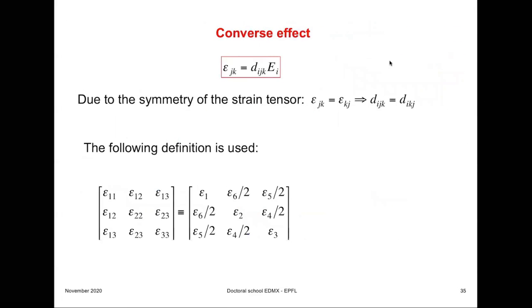Now, for a converse effect, we have electric field, we have a piezoelectric tensor. Note that the first index in a piezoelectric tensor always corresponds to the electrical variable, and the other two correspond to mechanical variables.